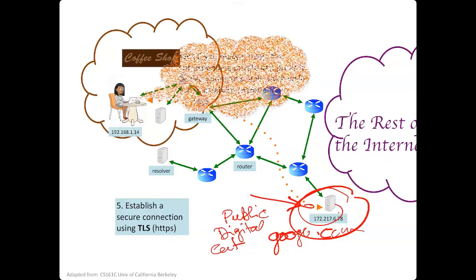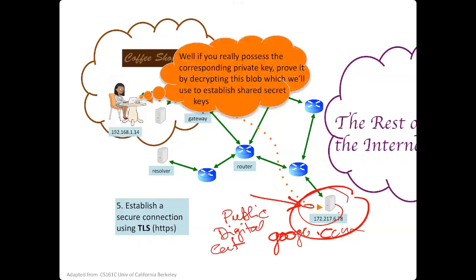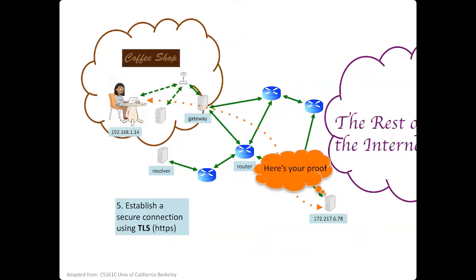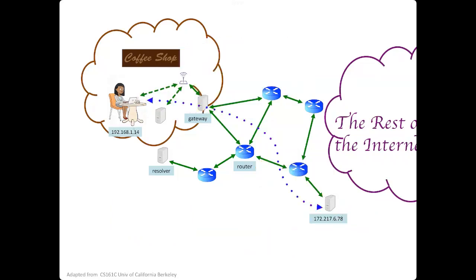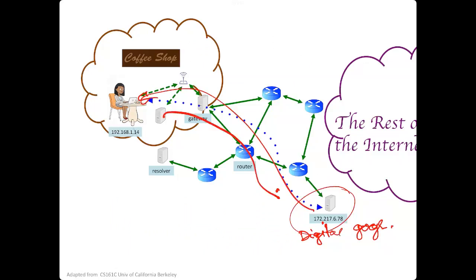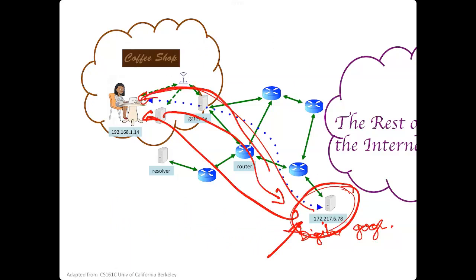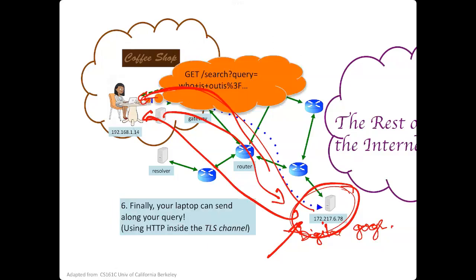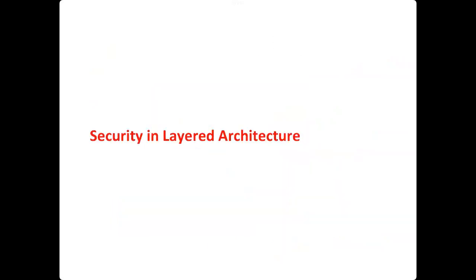So the digital certificate is sent by the server google.com to Alice. She verifies this by sending a small piece of data, and this server responds back. Then she is sure that she's communicating actually with google.com. Once that happens, she can now send data over the secure channel. Okay, so that's all.